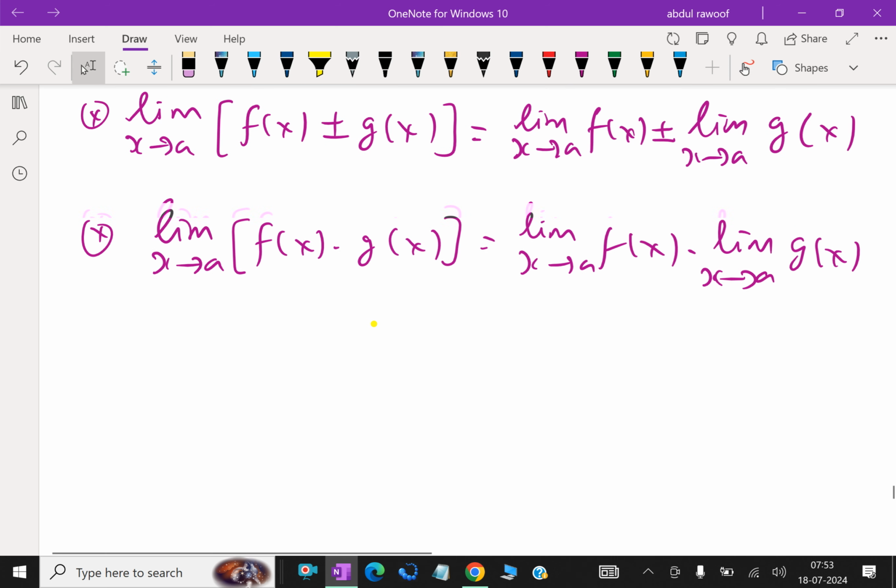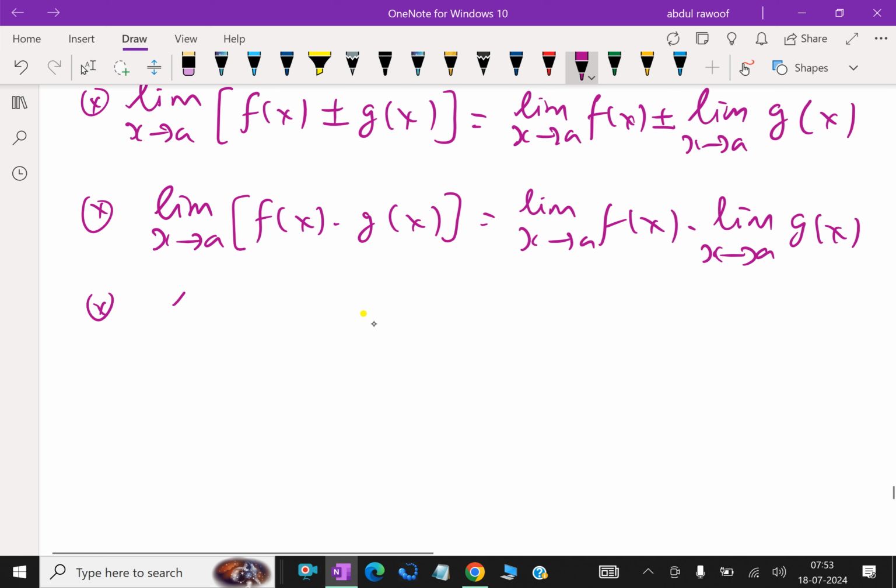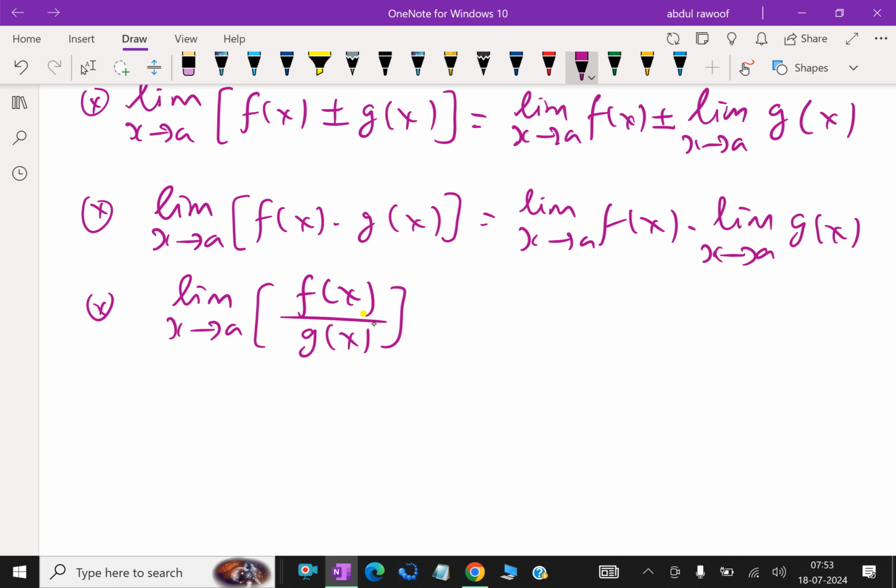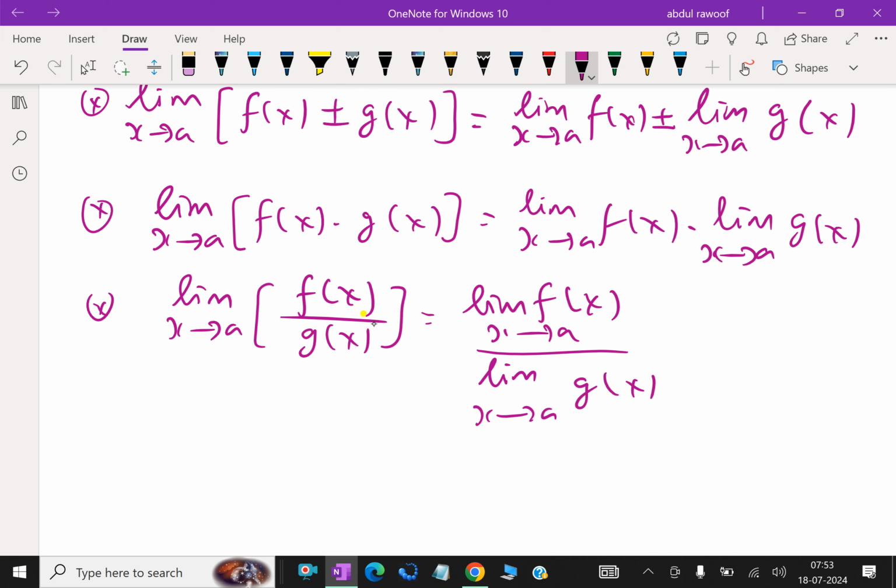For division also, the limit as x tends to a of f of x over g of x equals the limit as x tends to a of f of x divided by the limit as x tends to a of g of x.